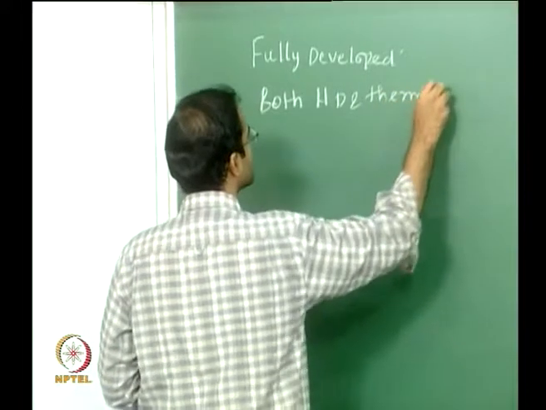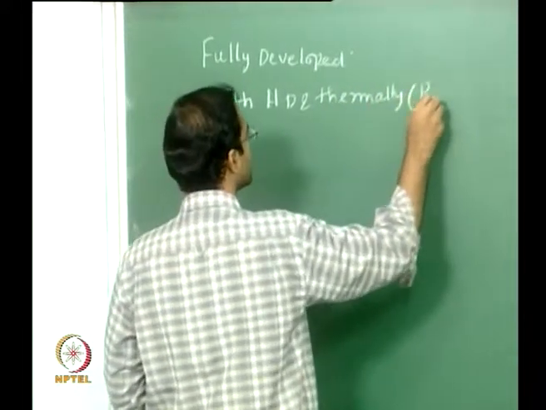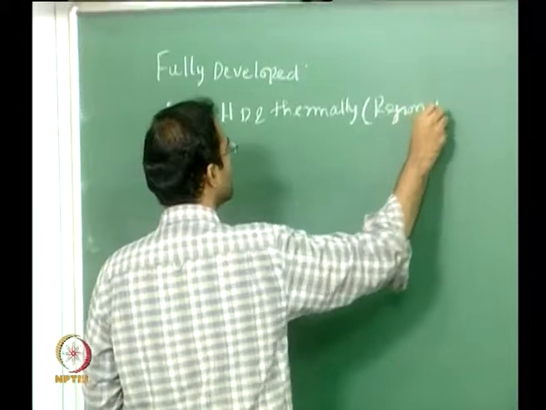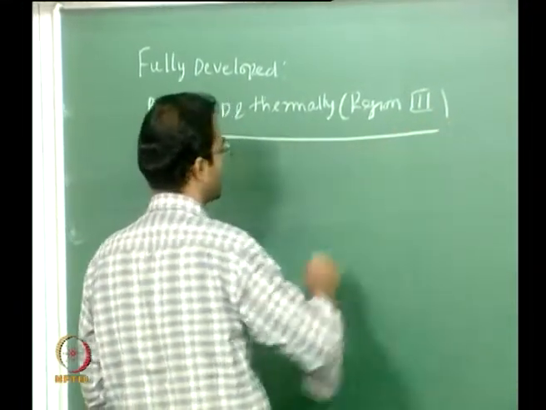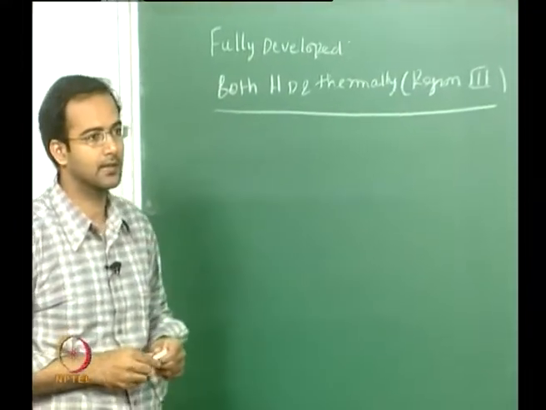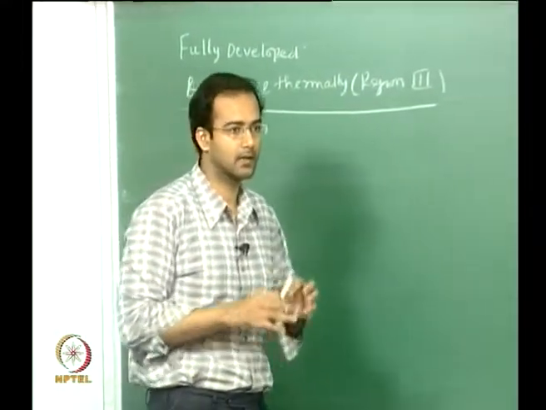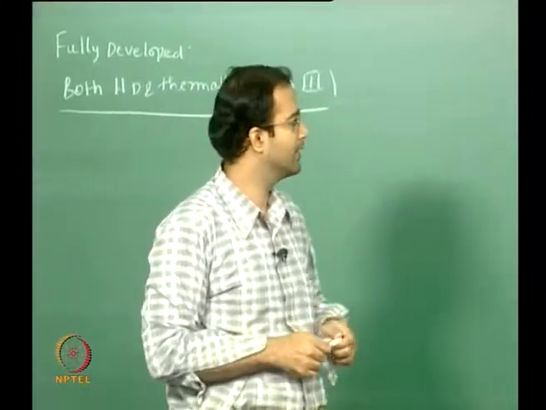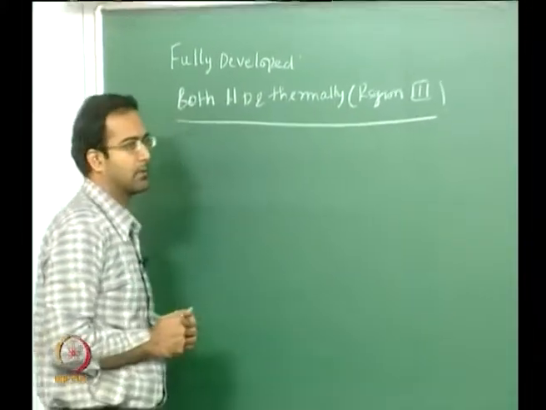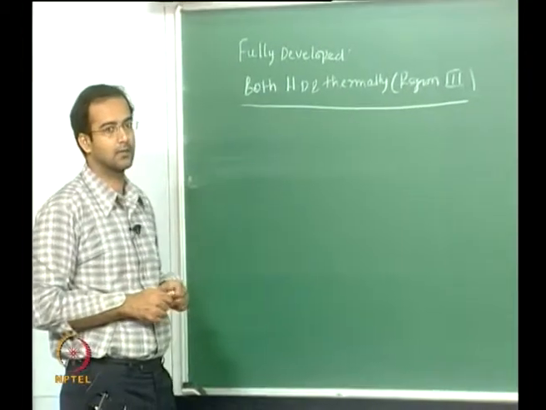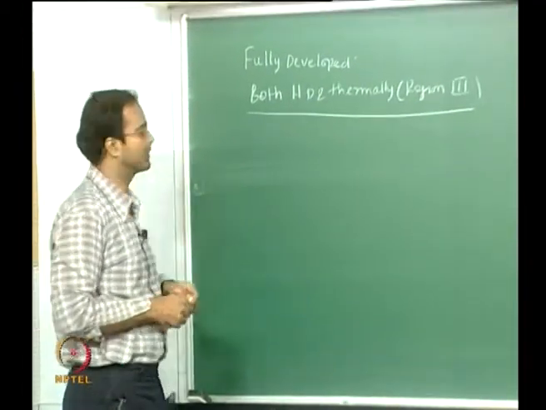I denote this as region 3, and we solved for the velocity profile in the hydrodynamically fully developed region. We got a parabolic velocity profile, and we also started the solution to the heat transfer problem. The first case that we took was a constant wall flux boundary condition.